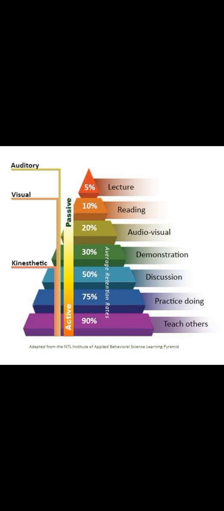The second method is reading. According to the model, a student retains only 10% of the information they read in academic text. It may help some students learn, while many others find the method less effective. Similar to lecture, this model considers reading a passive learning method because students can perceive the information in the text without engaging.